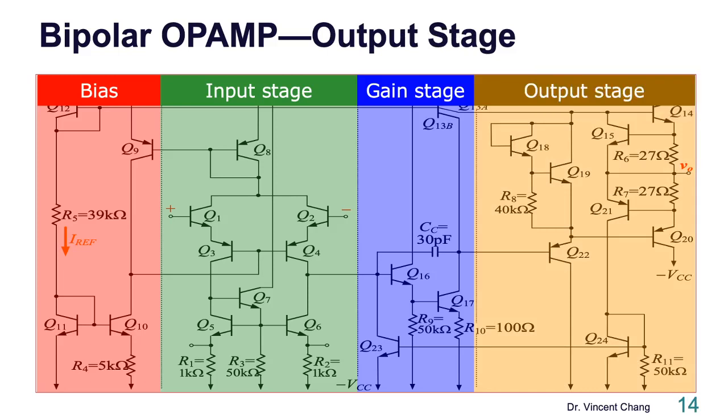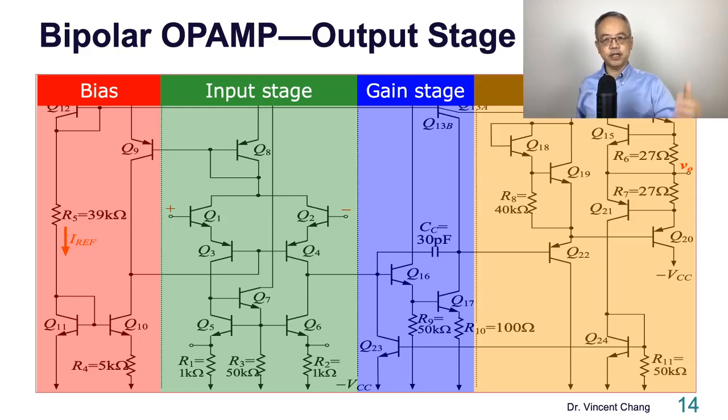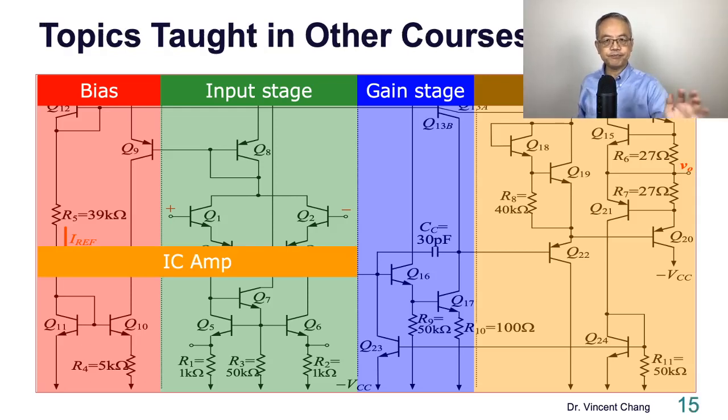I just want to give you an idea: you have the bias circuit, input stage, gain stage, and the output stage. There are several topics that will be taught in other courses.